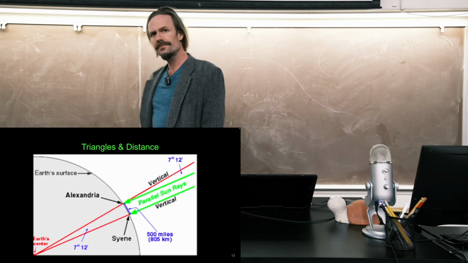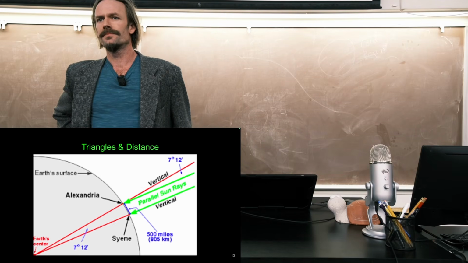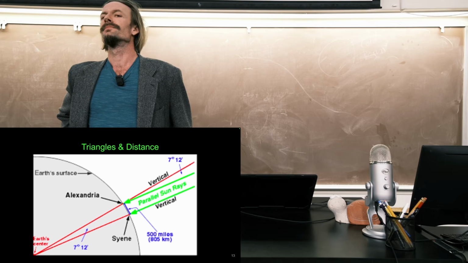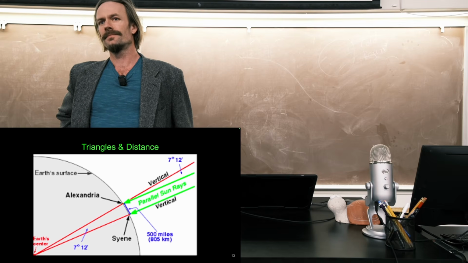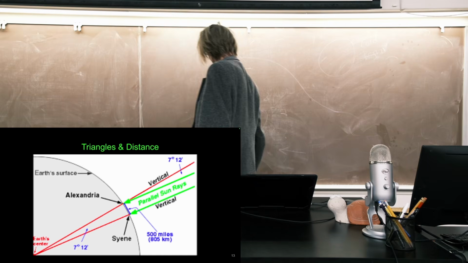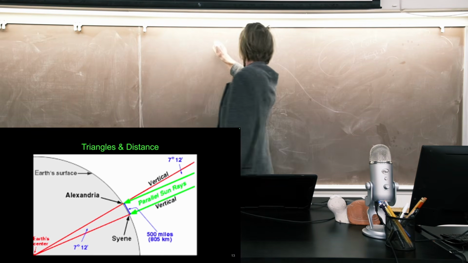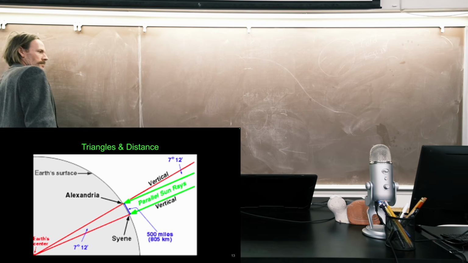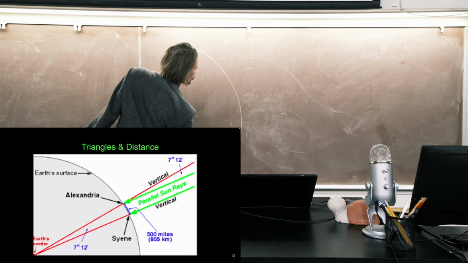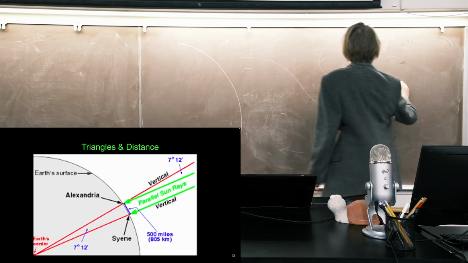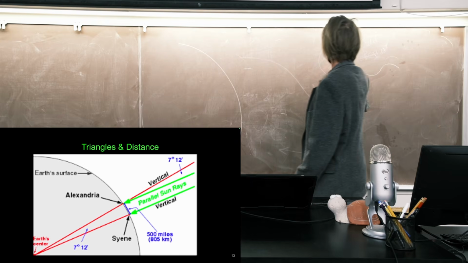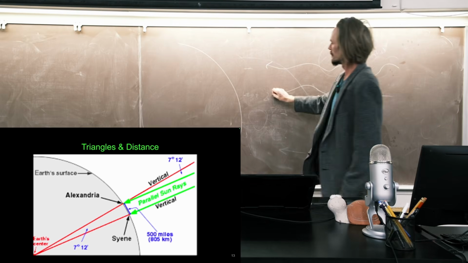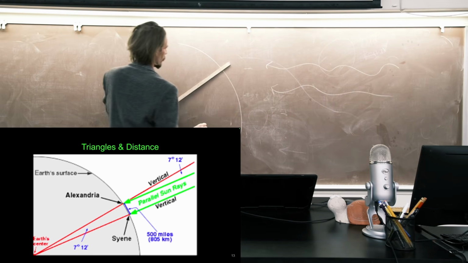As it says, they were placed 500 miles apart, and by measuring the difference of the shadows at the same exact time in the two different places, he was able to determine that there was a difference between them, proving that the sun is not always directly above. It's at an angle. All right.